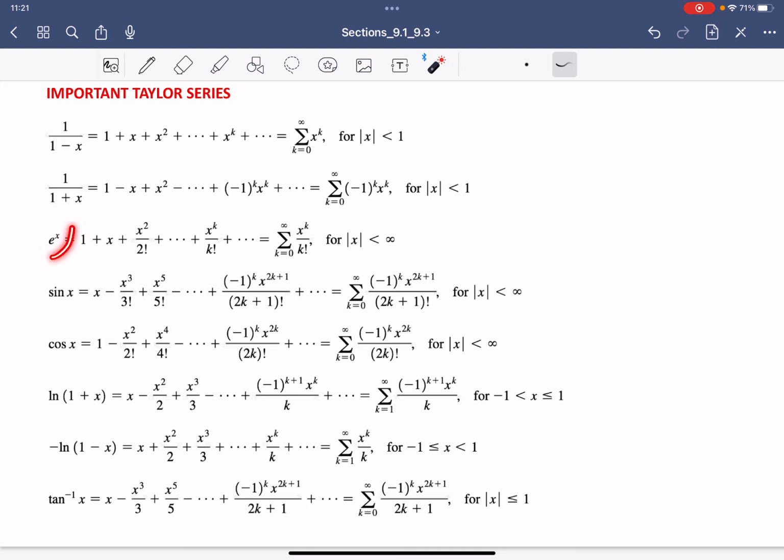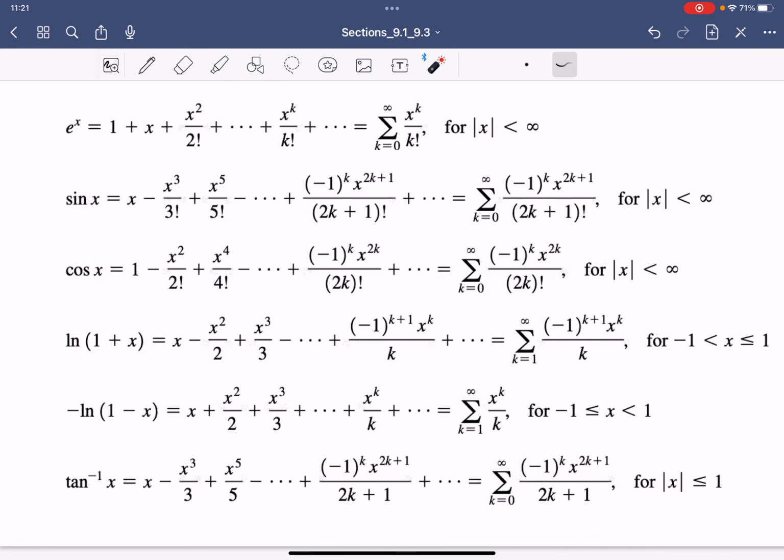You can see that e to the x, you can expand it to this. Sine x, when you expand, you only have the odd powers. Cosine, you only have the even powers. Even the arctan function, if you want to compute arctan easily, you can do the Taylor series as well.